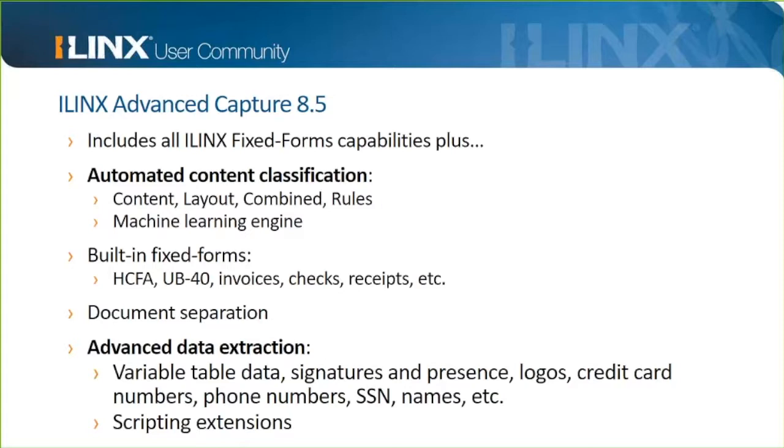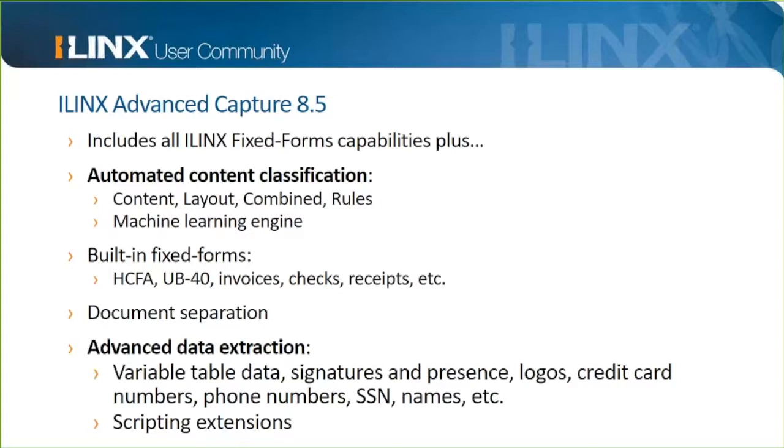And then within the ILINX Advanced Capture product, we also provide some advanced data extraction capabilities. So here we get into variable table data. Invoices are a good example of this. You don't know how long or how many rows are going to be in that table. Signatures. We can even compare signatures and, of course, detect the presence of signatures, logos, pull credit card numbers, phone numbers, Social Security numbers.